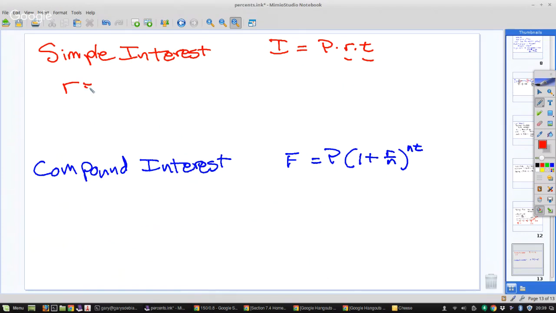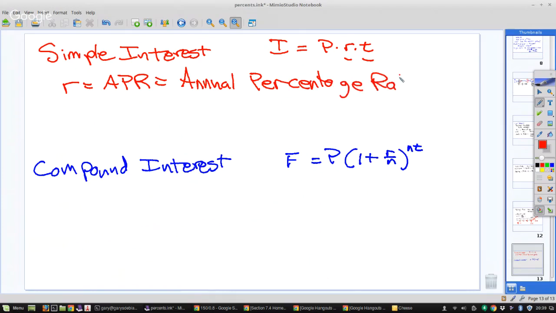Often the rate will be given as what's called an APR, which is an annual percentage rate. So that means the rate applies to a whole year. If that's the case, because of the annual, then time should be measured in years.